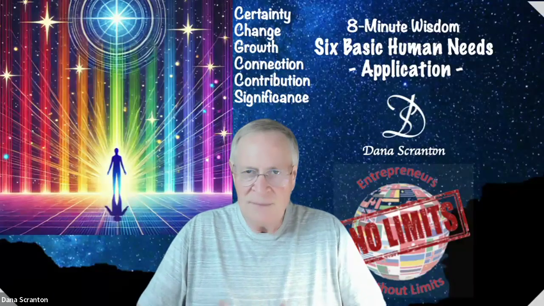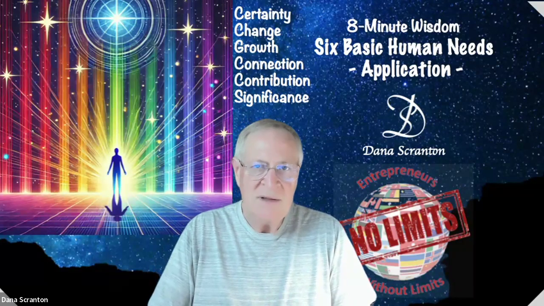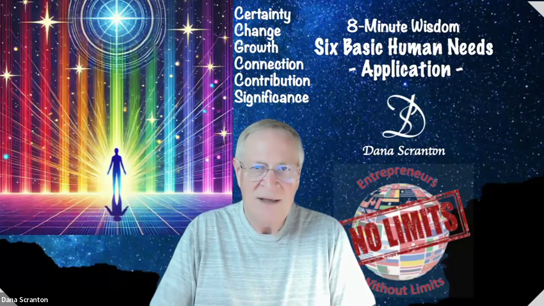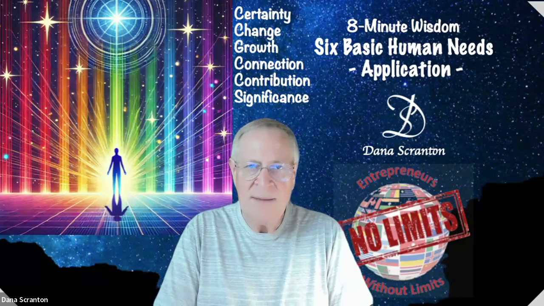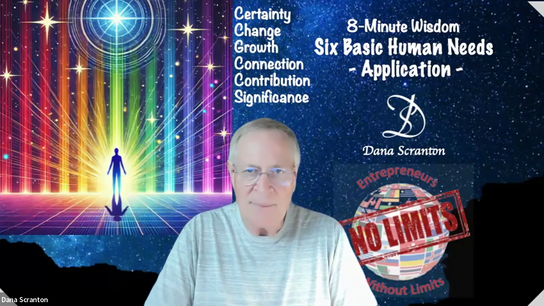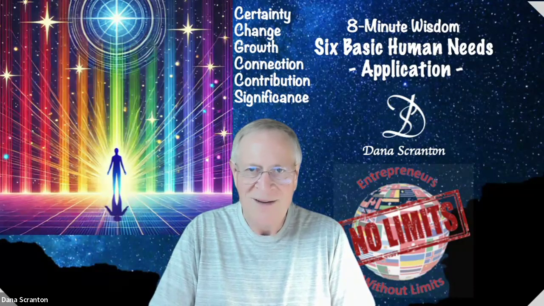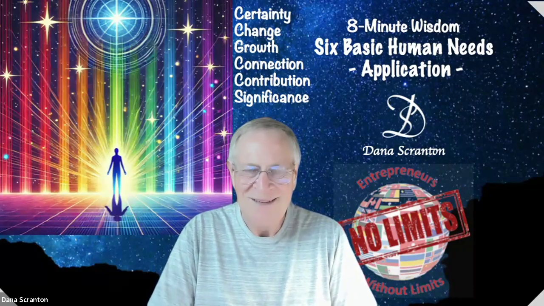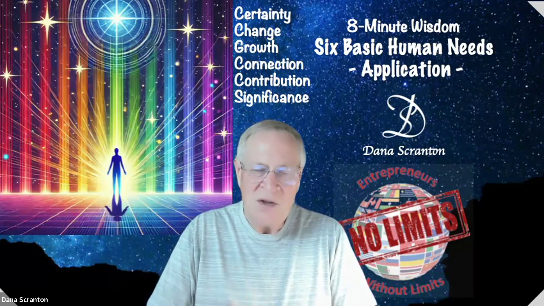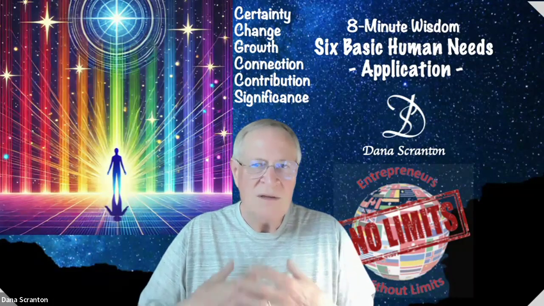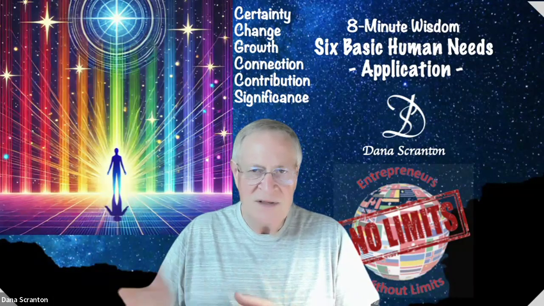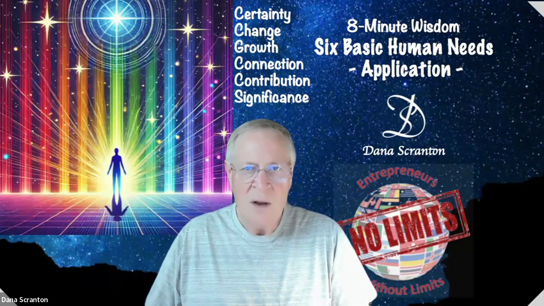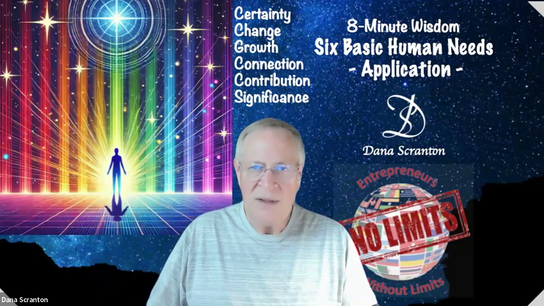In a statistical or a mathematical sense, the absolute certainty of something happening is 1 or 100%. The absolute certainty that it'll never happen is also 1 or 100%. But in a human sense, when we are dealing with the concept of certainty, it's either 0, we're completely uncertain, or it's 1, we are completely certain.